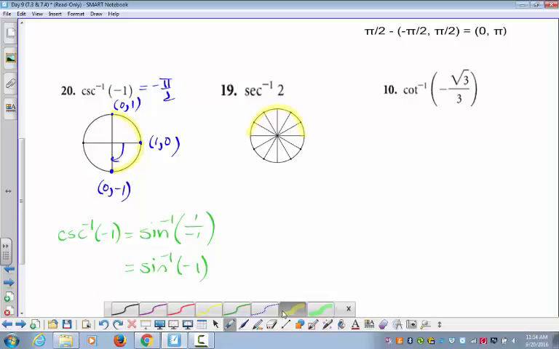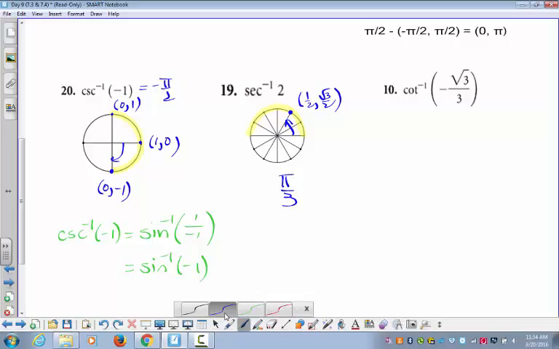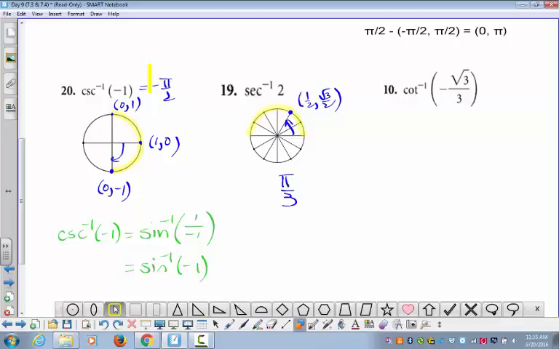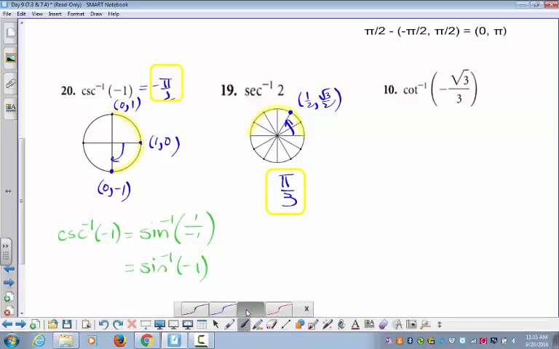So we're trying to figure out where the cosine value is 1/2. We're going to look right here. That's 1/2 comma √3/2. And that will match what we're looking for. So that will be pi/3 as our answer. If you were to write out the formula method, you would say inverse secant of 2 is the inverse cosine of 1/2. And that's pi/3.